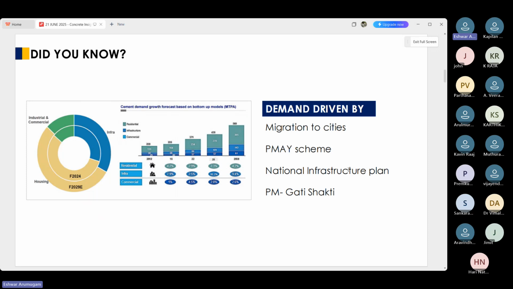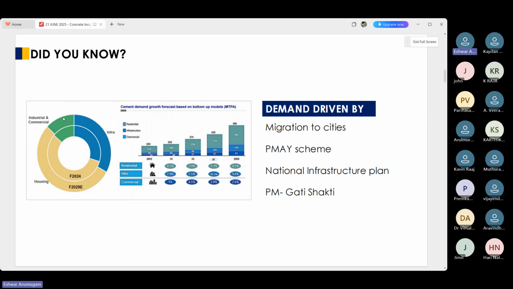So here we can see where the demand for cement is coming from. Around 60% is from housing, 25% of it from urban and 35% from rural. 27% is from infrastructure, essentially your roads, your bridges, your railways, etc. And 12% is from industrial and commercial, essentially your factories, your offices, etc. So there are various drivers to this demand.